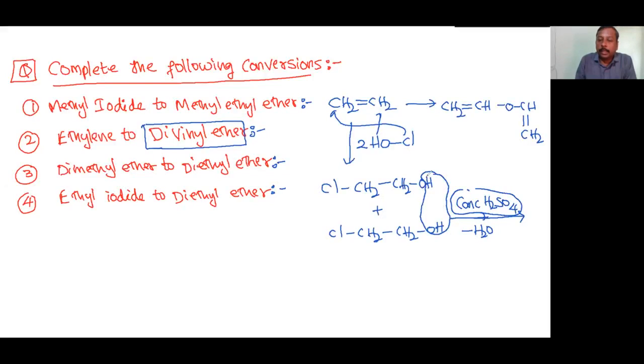So as a dehydrating agent, it will remove the hydrogen from one molecule, OH from the other molecule. Then the product will be something like this. I am writing it here, ClCH2CH2. And here this oxygen is left over, so oxygen. Then this will be directly connected CH2CH2Cl.